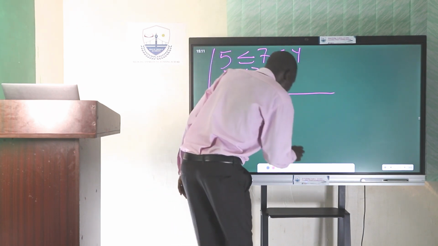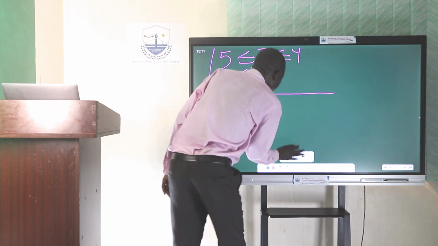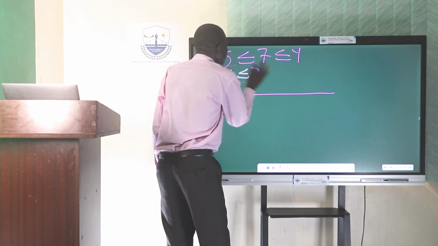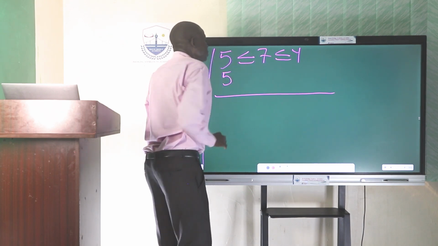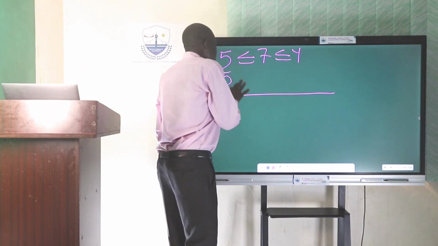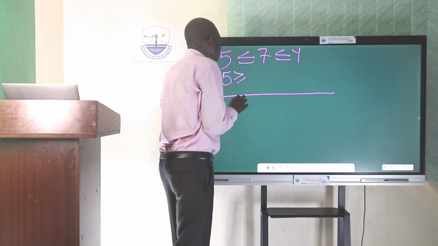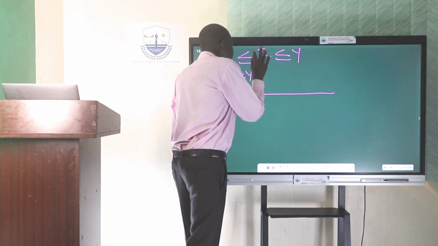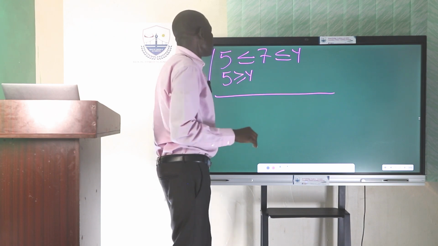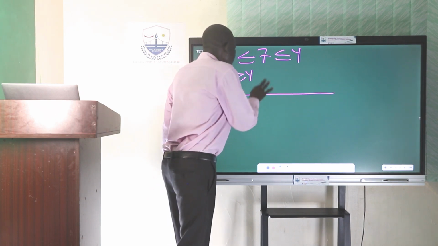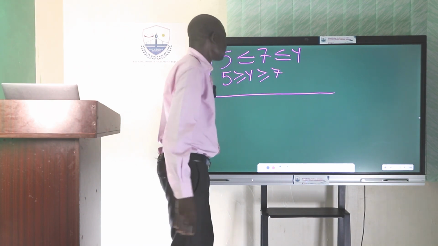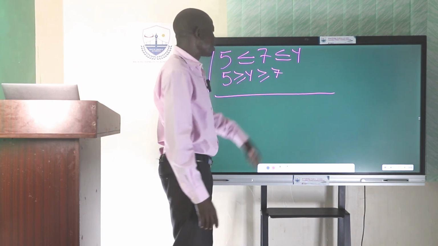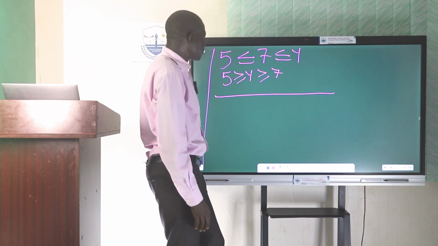So this means we shall have 5 is greater or equal to y, and y is greater or equal to 7. This is another way of representing it.